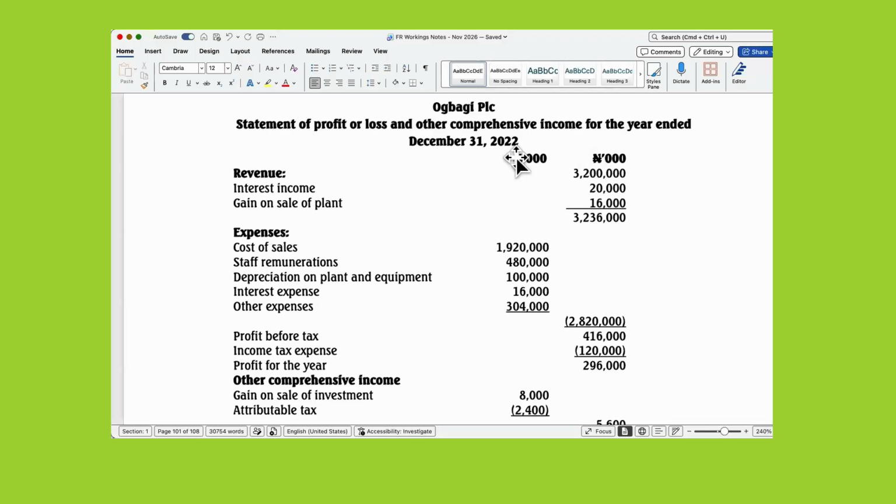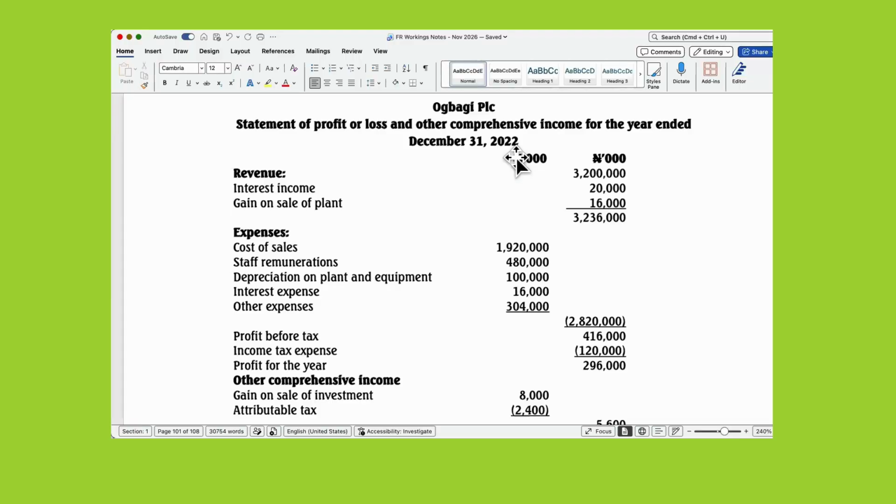And how do I go about that? All I need to know is just for me to remove the credit sales. If you remove the credit sales, the balance becomes the cash sales. And I can easily get the credit sales. How do I do that?